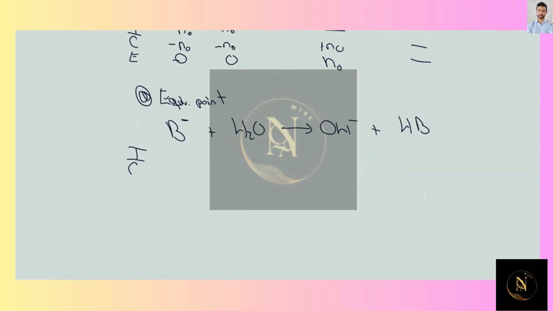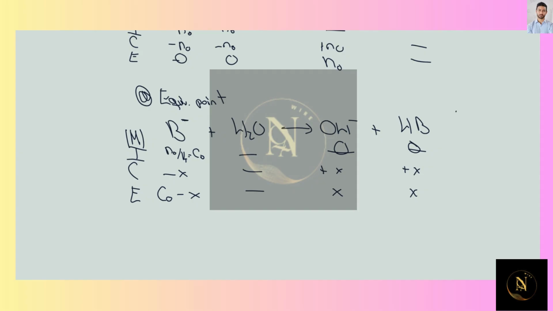In this case, our ice table is going to be given in terms of molarity, and I'm going to use the value for N0 over the total volume at the equivalence, which is going to be our initial concentration. We're going to have 0 of everything else. Water doesn't matter because it doesn't enter equilibrium. Over here, we're going to have a change of minus x, plus x, and plus x. So at equilibrium, we would get C0 minus x, and x.